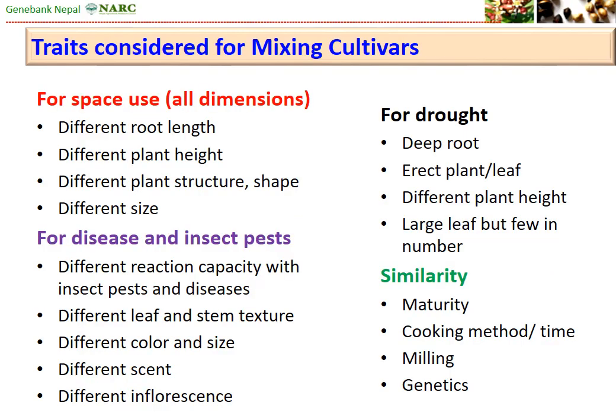For mixing the cultivars, we identified some traits. Before mixing, we consider the traits related to space, for example plant height and structure, the traits related to managing disease and insect pests, the traits related to drought management, and the traits for which we need similarity among the mixing components.